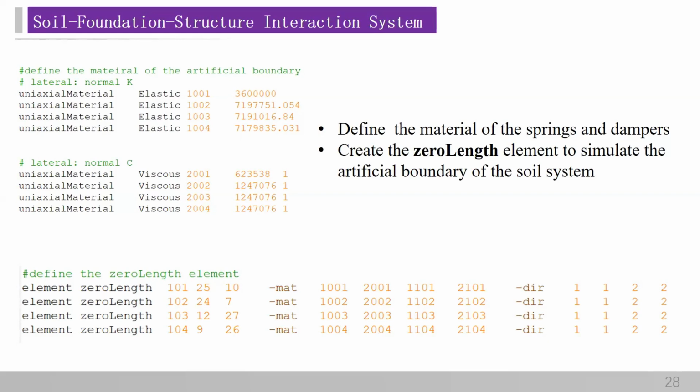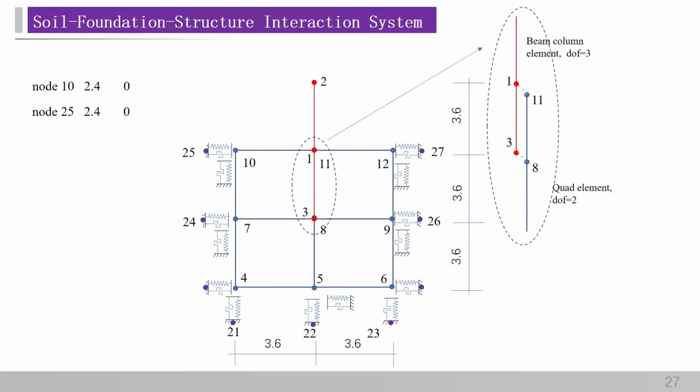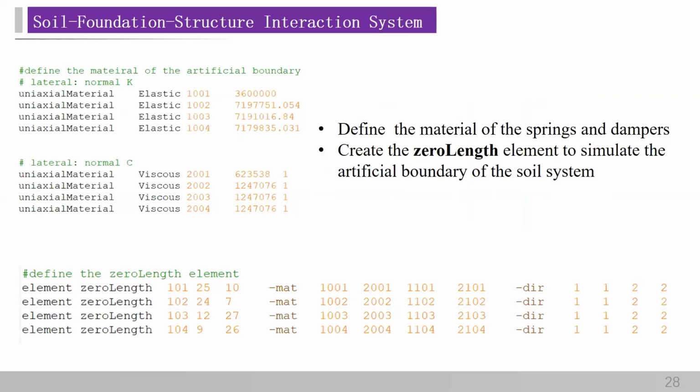and the materials are those used in this element, and the direction indicates the material direction. For example, here material 1001 has the direction in the X direction. 1001 is used to simulate the springs, so this spring uses the 1001 material, and this damper uses the 1101, in the Y direction.